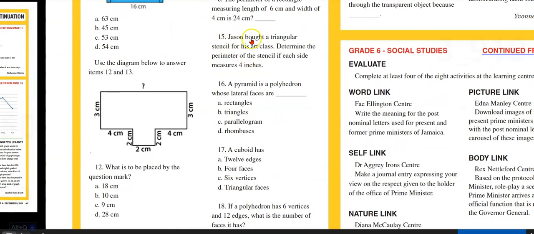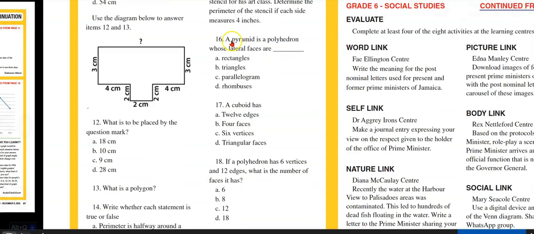Number 15. Jason bought a triangular stencil for his art class. Determine the perimeter of the stencil if each side measures 4 inches. Number 16. A pyramid is a polyhedron whose lateral faces are rectangles, triangles, parallelograms, or rhombuses.